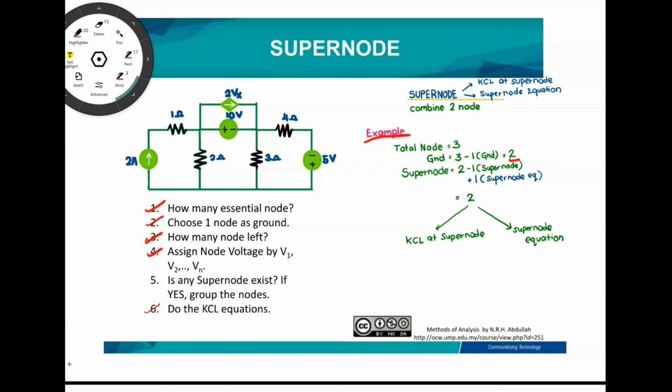And then for the supernode, the 2 nodes minus the supernode, plus 1 for the supernode equation, then the number of equations will be 2. So, for the 2 nodes, the equations for the circuit will be the KCL at the supernode and the supernode equation.